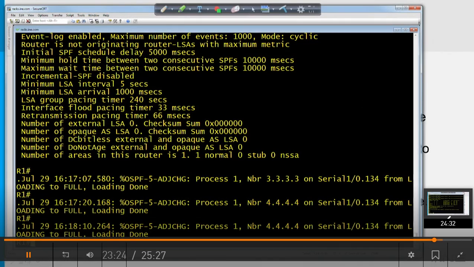Dwayne's got the right idea. Modify cost. Right? Go right to the interface and give it some artificial cost. All right, so let's take a look. Let's see here on router 1 what cost values he's currently got. Show IP OSPF interface brief.